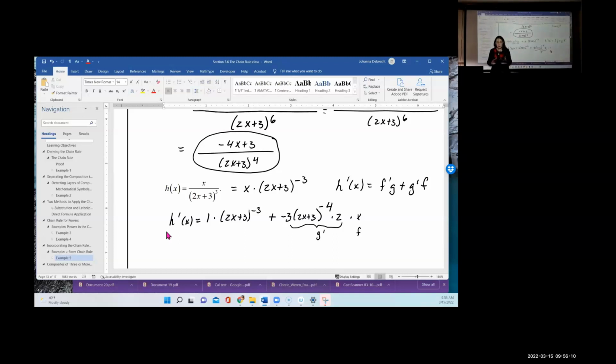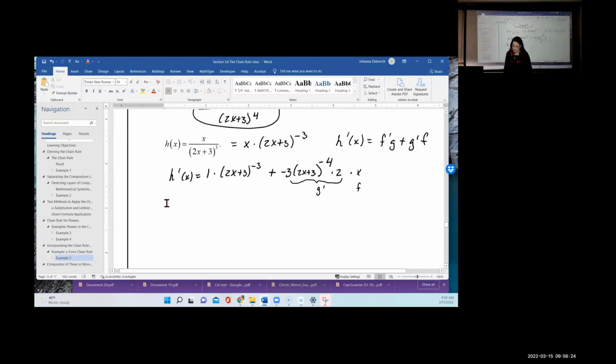Now, the next thing we want to do is go ahead and clean things up a little bit, combine any single term factors, and move all of the factors with negative exponents back into the denominator where they normally would be.